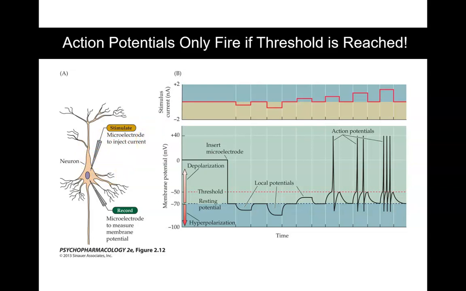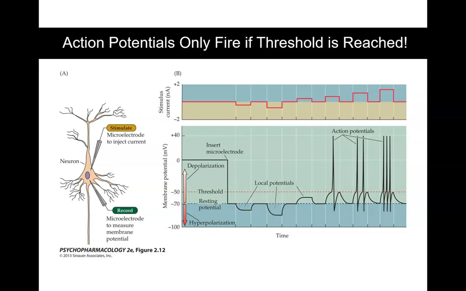And depending on the nature of the current, we may either get a depolarization, such as you see here, where the cell becomes less negative, or we get what is called a hyperpolarization, where the cell becomes more negative. So here you can see the stimulus that we're using. We're using a particular current. It's either going to be depolarizing or hyperpolarizing.